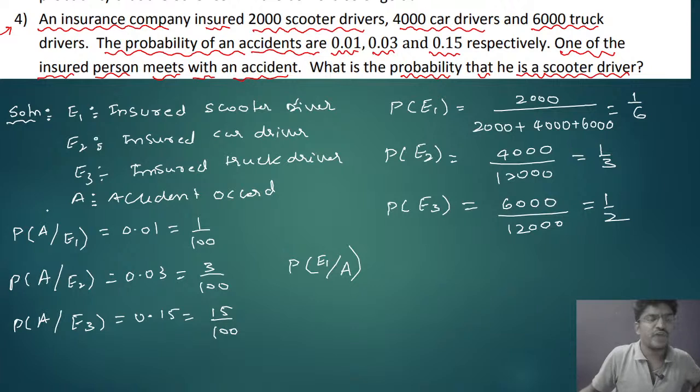These are P of A given E1, P of A given E2, P of A given E3, that is accident occurred for scooter, car and truck. Now we have to calculate probability of E1 given A, that means insured scooter driver, given that the accident has already occurred.